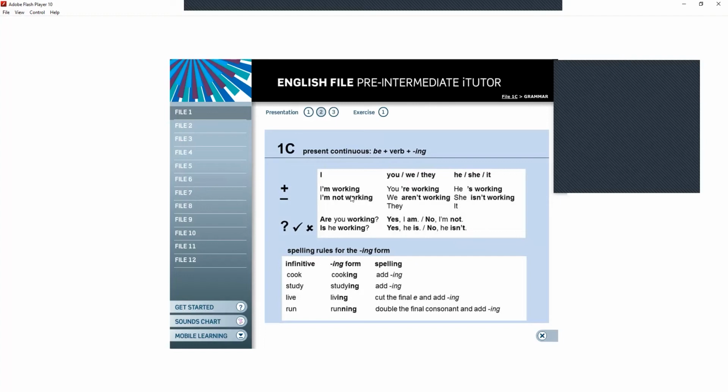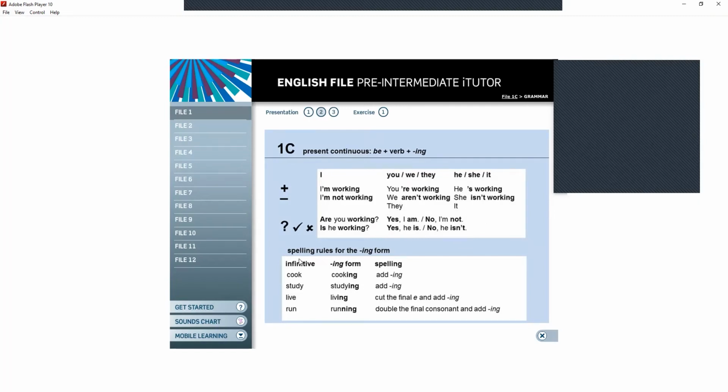And verb plus ing. Example, I'm working, you're working, or he's working, short form like that. When you answer a yes/no question, to make a question, we put to be before the subject, like are you, or is she or he. When you respond with a short answer, we say yes, I am, or no, I'm not.